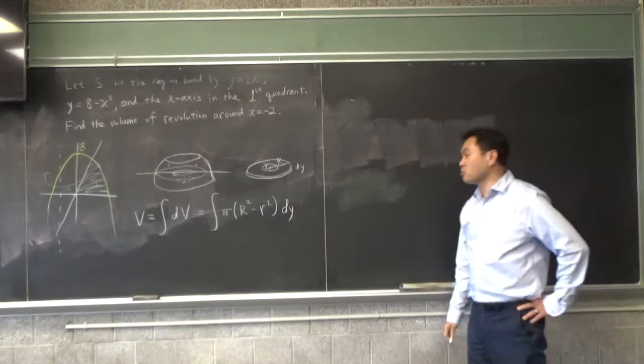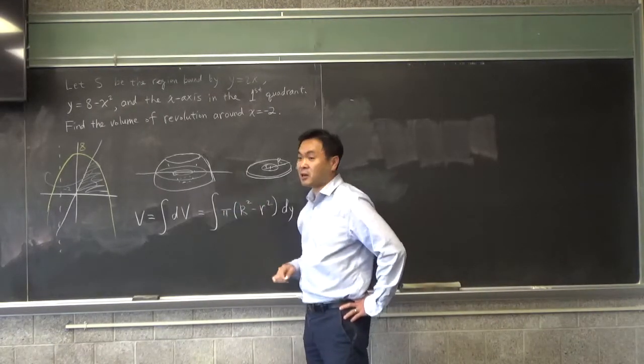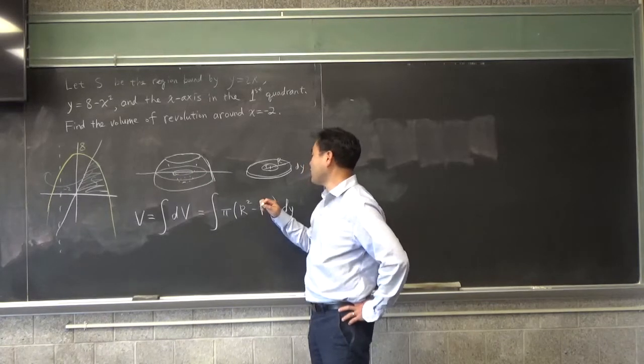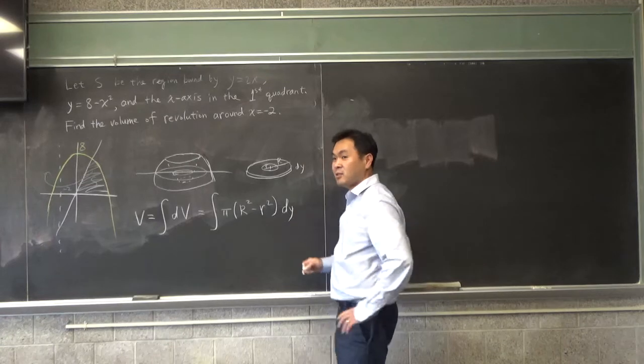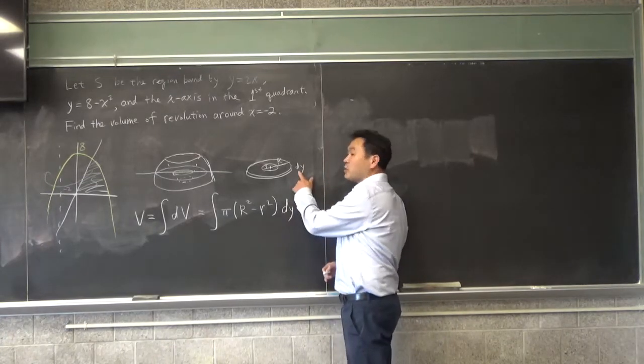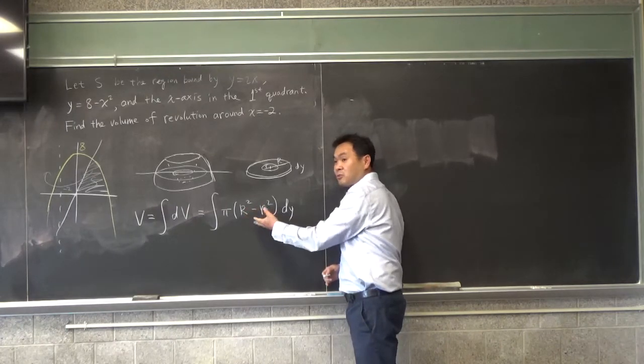At this point, there are two more tasks. One is to find the bounds. The other is to find capital R and small r as functions of y. The reason you want to figure out whether it's dy or dx is so that you know whether you want functions of x or functions of y.